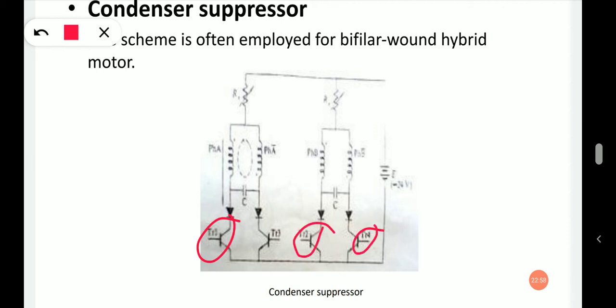Out of these, only one transistor will turn on, but TR3 will still be in the turn off state. Since the windings of phase A and phase A dash are wound in a bifilar fashion, a transient current will circulate in the loop.